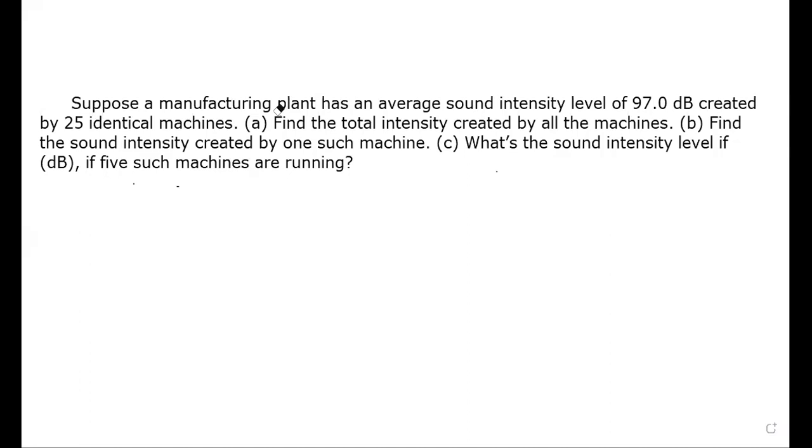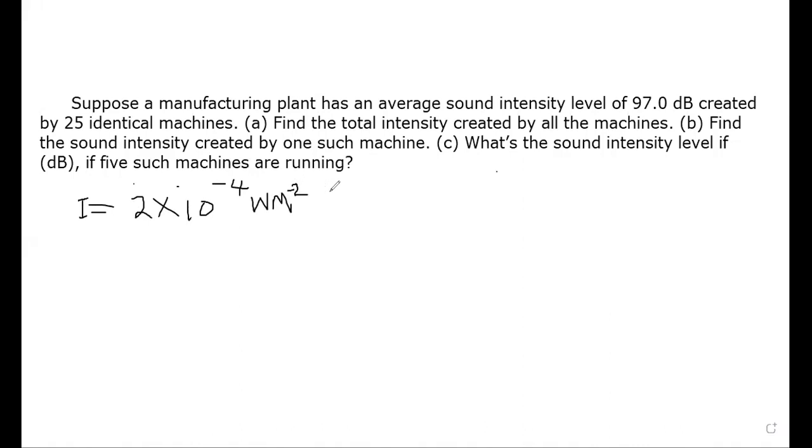Okay, so the sound intensity produced by a single machine from what we have solved is I equals to 2 times 10 to the power minus 4 watts per meter square.